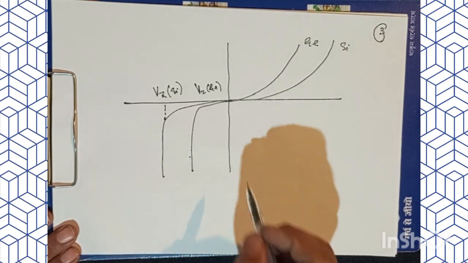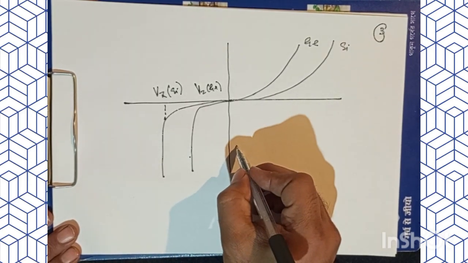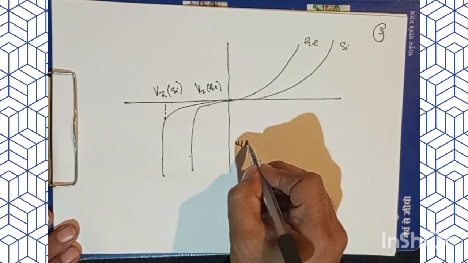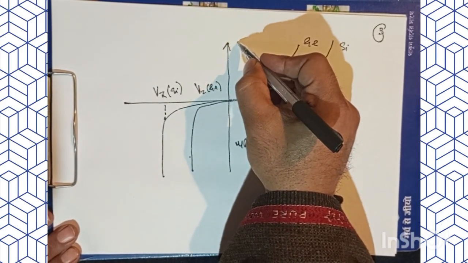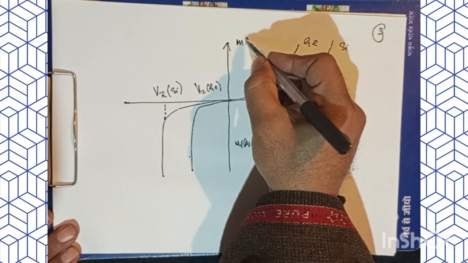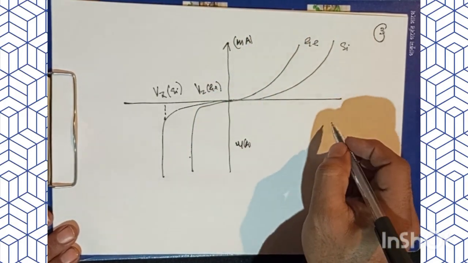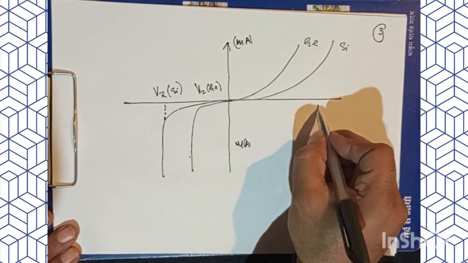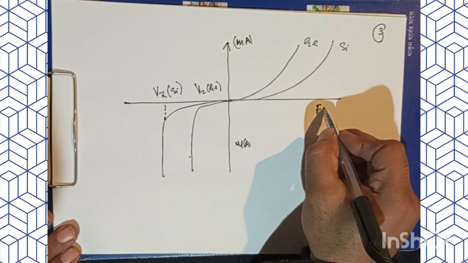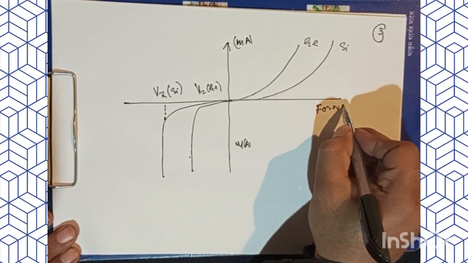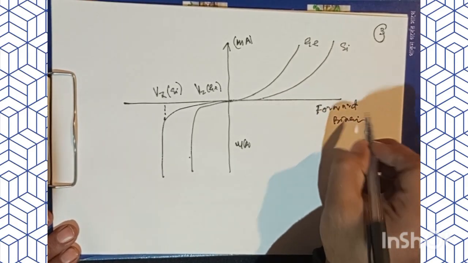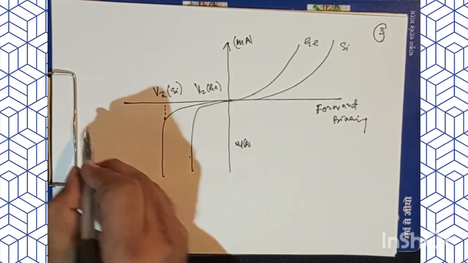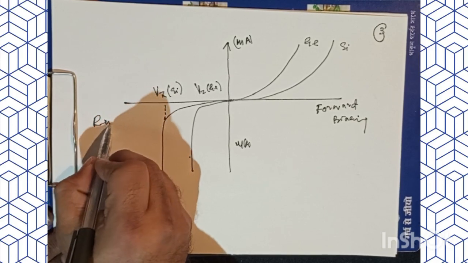This is the current in microamperes here, and here we have current in milliamperes. This is the forward biasing voltage, and this is the reverse biasing voltage.